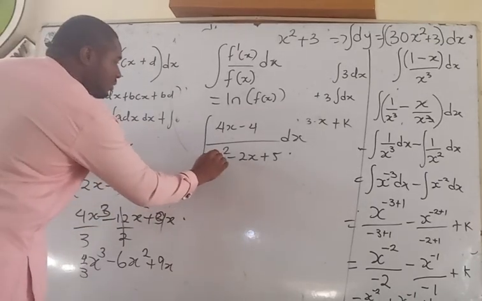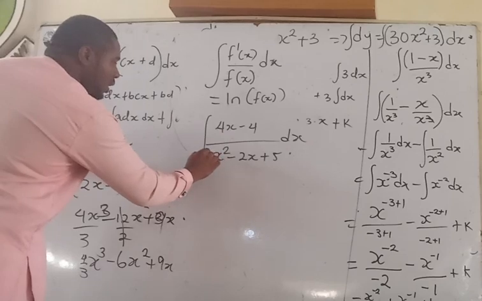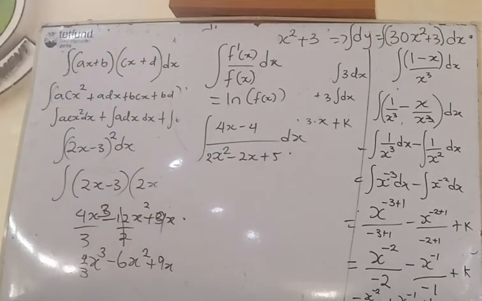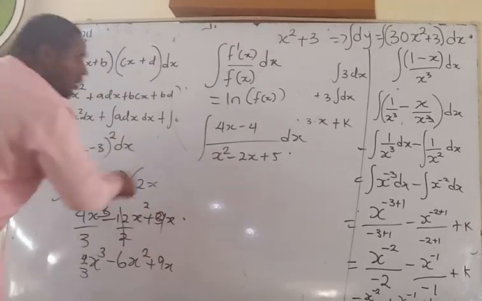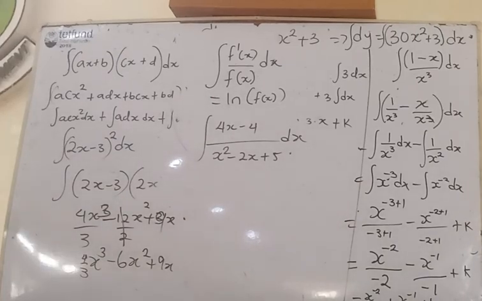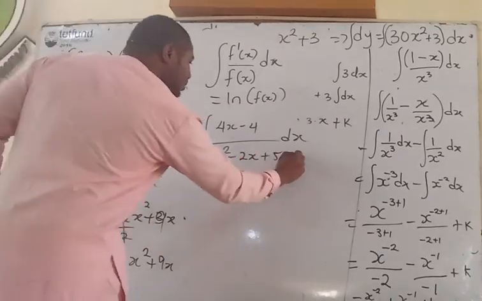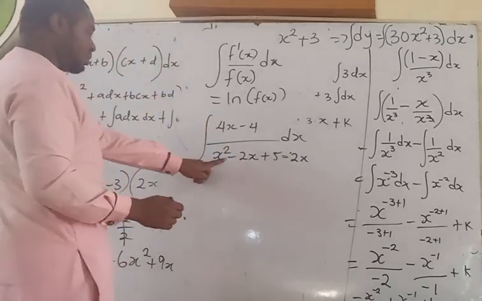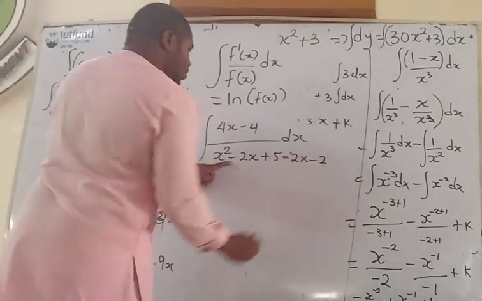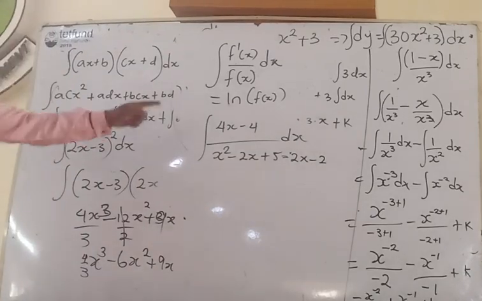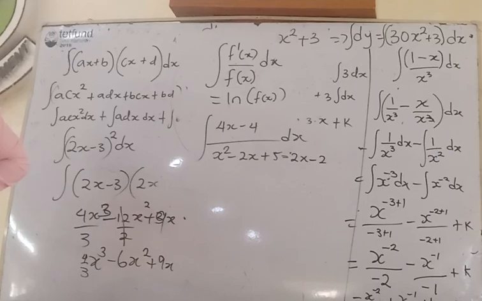Differentiating this one, we get 2x minus 2, and the constant is 0. Is it the same as the numerator? It's almost.